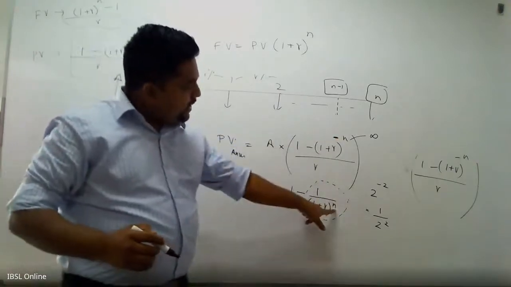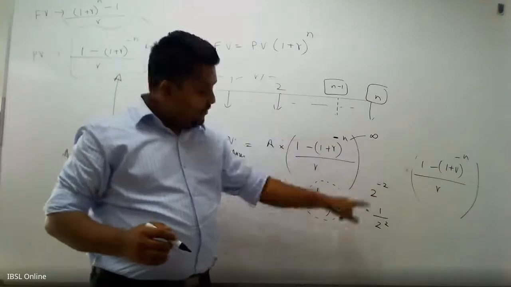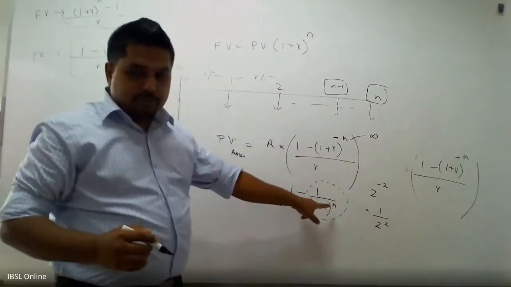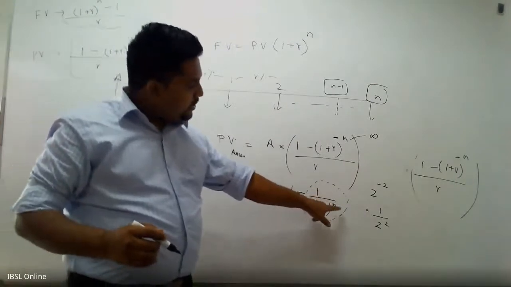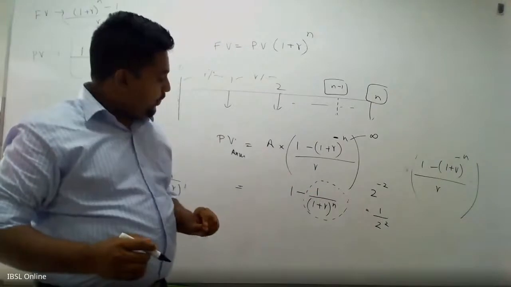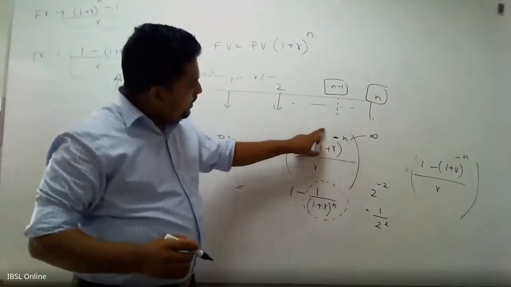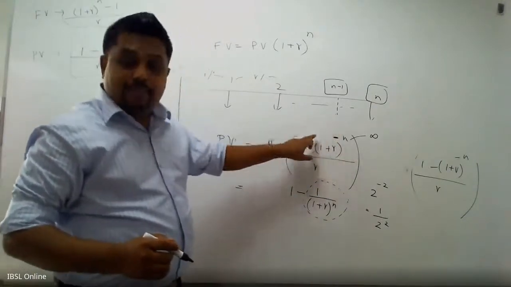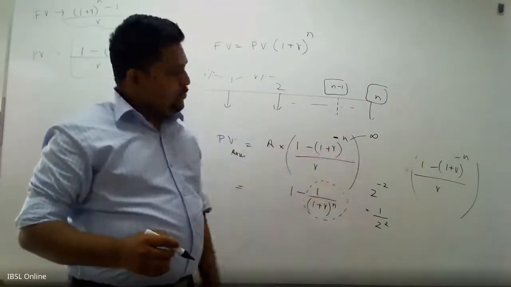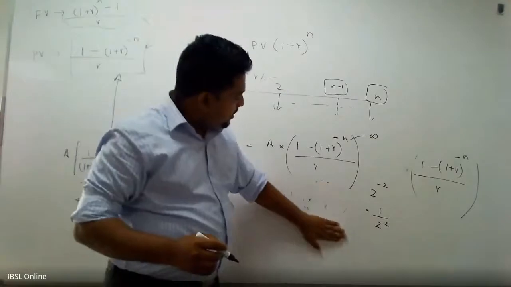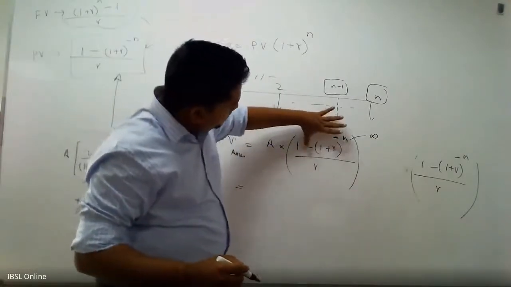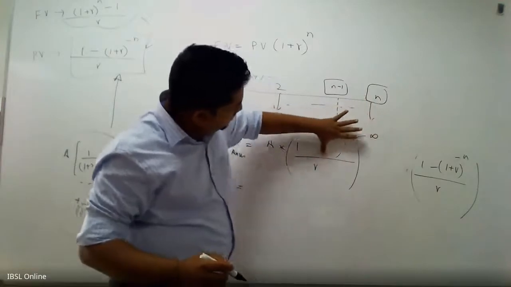So when n becomes larger, n goes to infinity, this is a much larger value. So 1 divided by a larger number is going to be equal to 0. That's why I argued that when n is infinity, or a perpetuity, this is going to be close to 0, and obviously this term becomes 0.